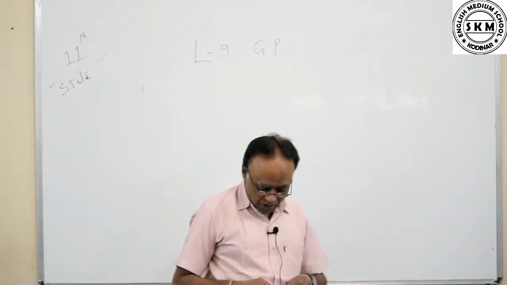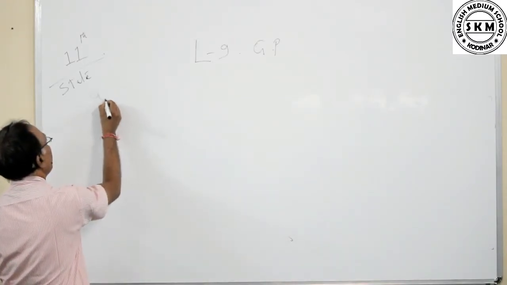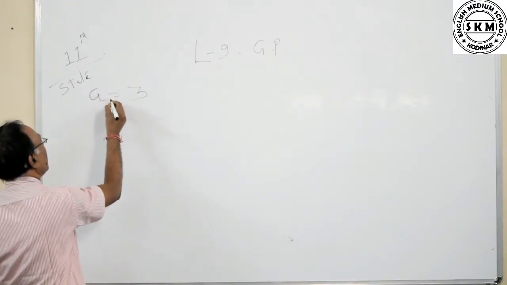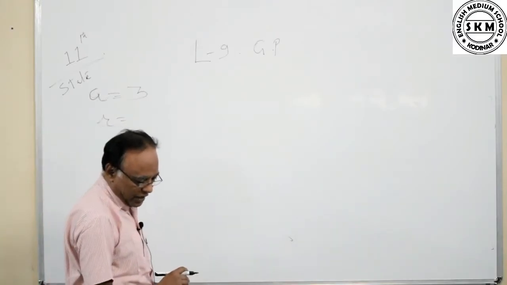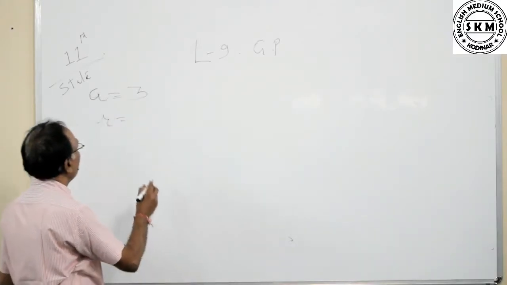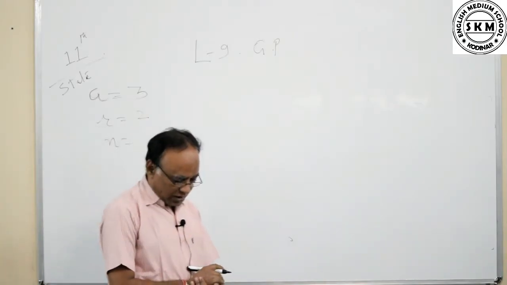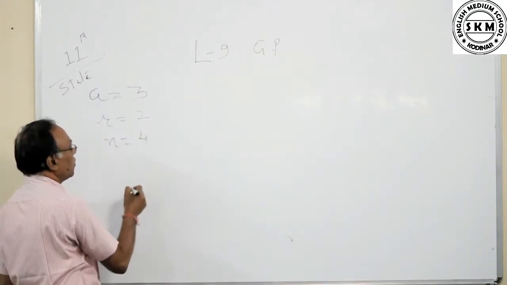So first term is 3 means A is given 3, and common ratio denoted by R is 2, and n is equal to the sum of the first 4 terms, so n is equal to 4.